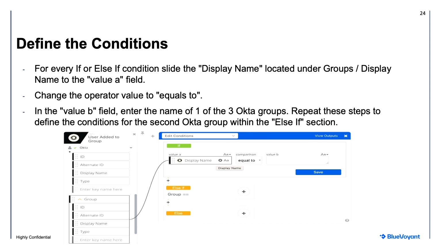So for every if or else if condition, the display name from the Okta read card located under groups display name, which is basically right here, we'll want to drag and drop that under the conditions section of the if and else if conditions.